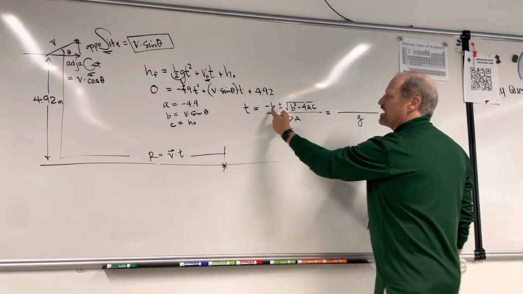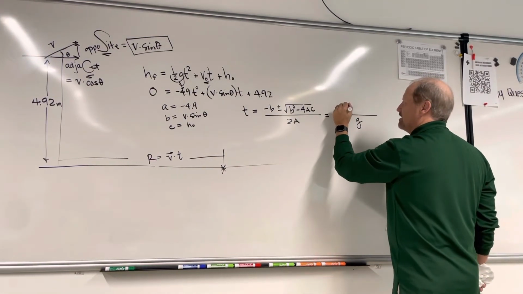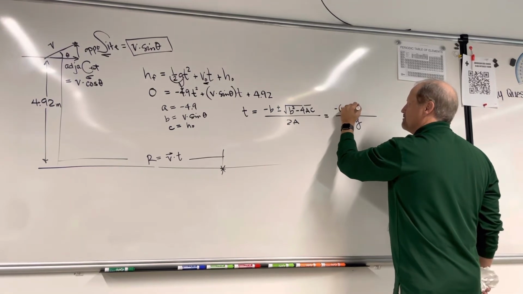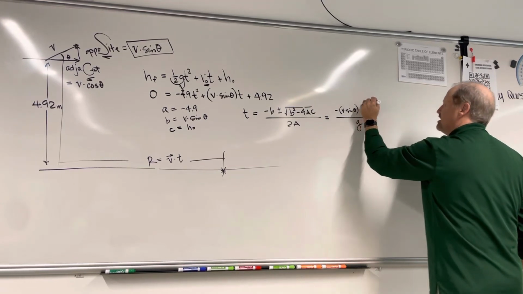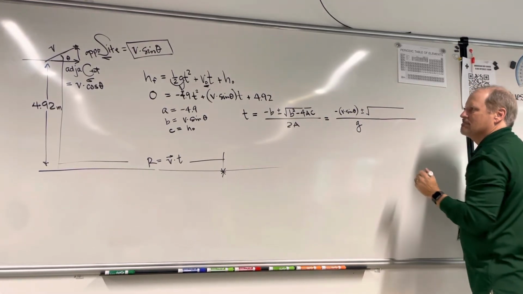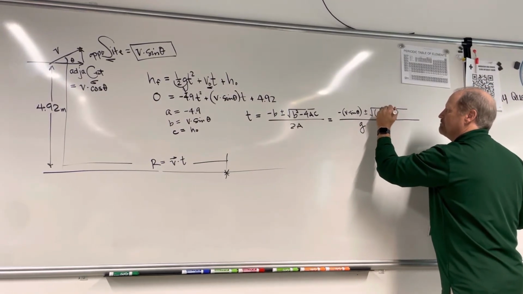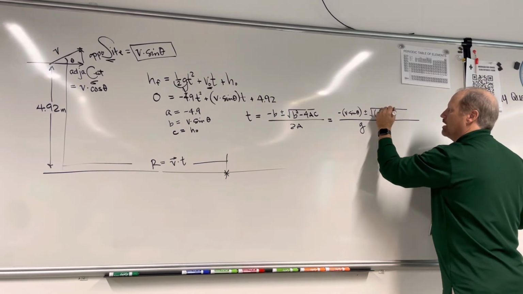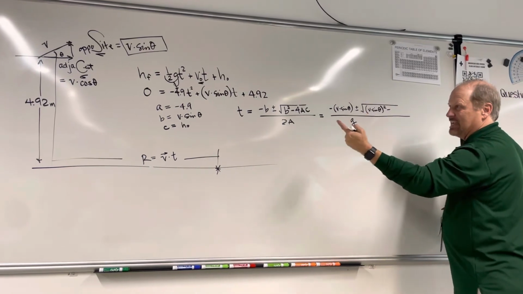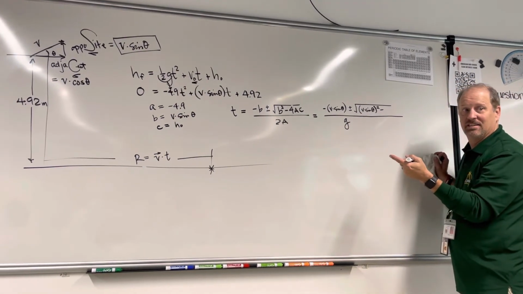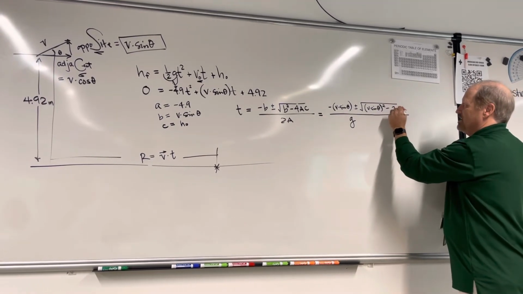Weird, right? So negative b, negative your vertical velocity, v times sine theta, plus or minus the square root of, what's b? v times sine theta, that whole thing squared, minus 4ac. Isn't 4a like 2g? 4a is the same as 2g.